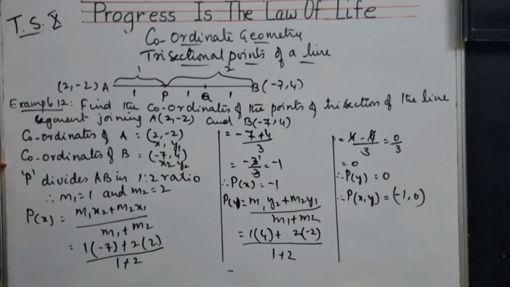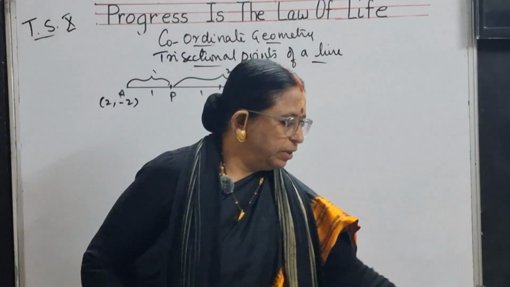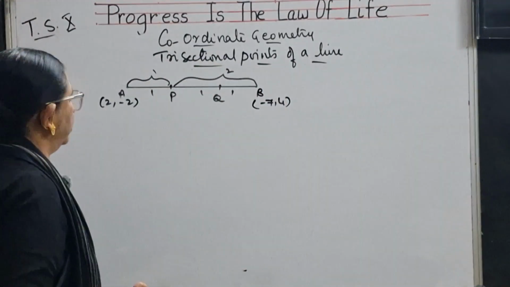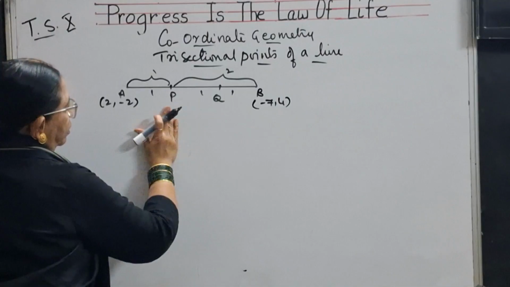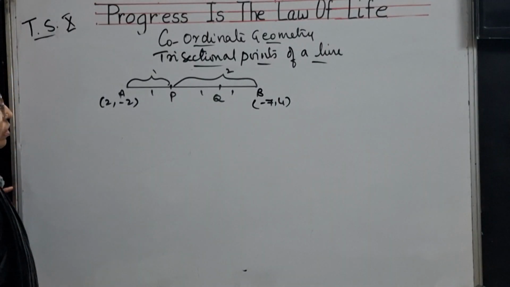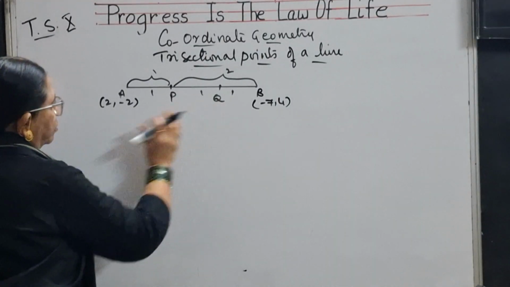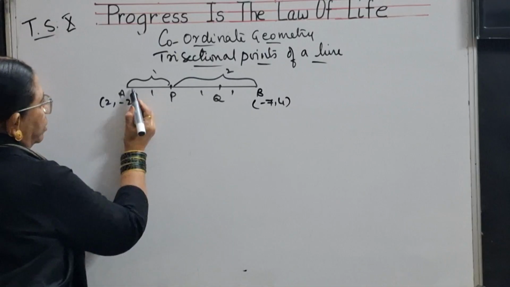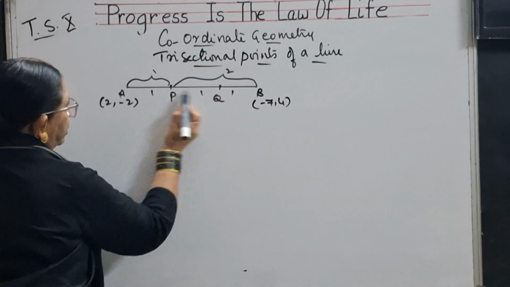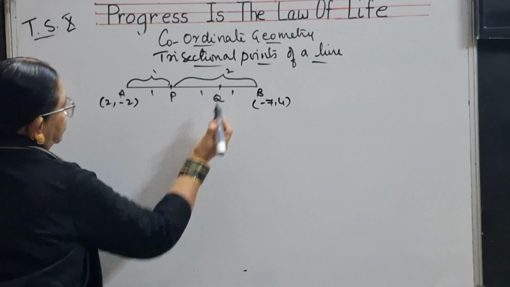So if you copy this, I am going to talk about Q. Now let us see the Q coordinates. We have done P coordinates till now. Now let us see Q coordinates. So here if you see, P is dividing AB in 1:2 ratio. This is 1 plus 1, 2.